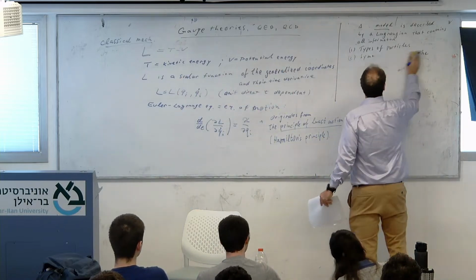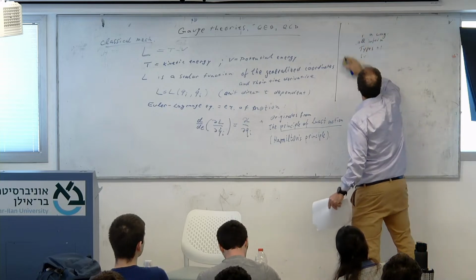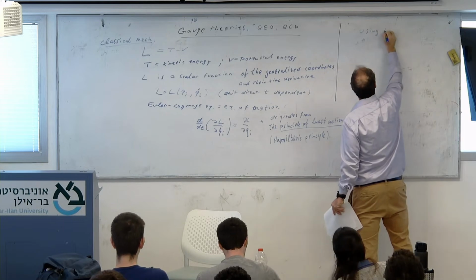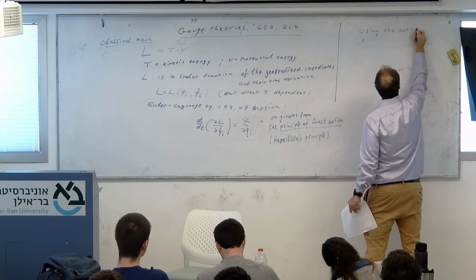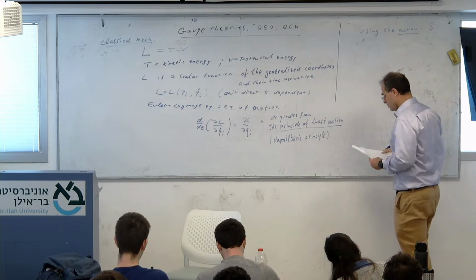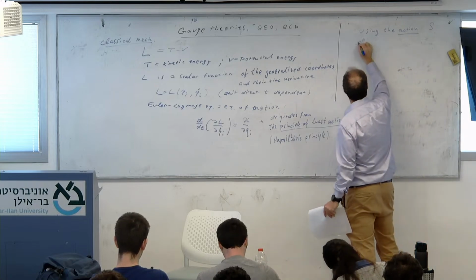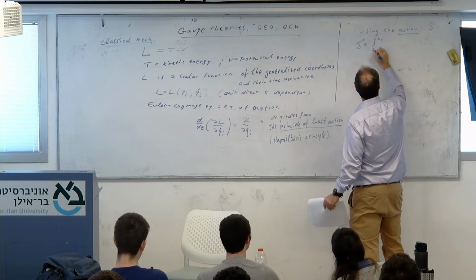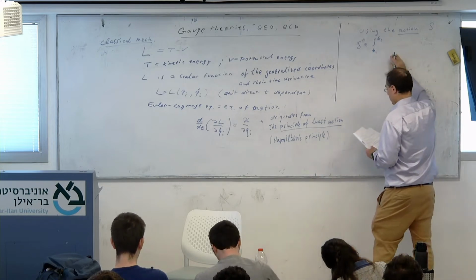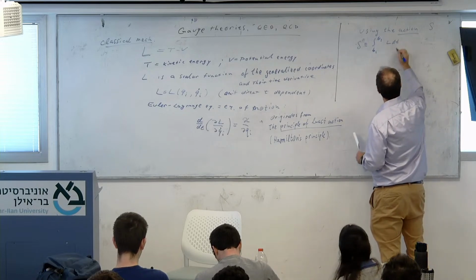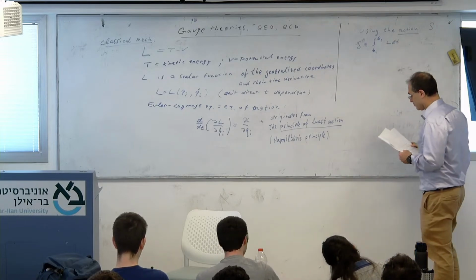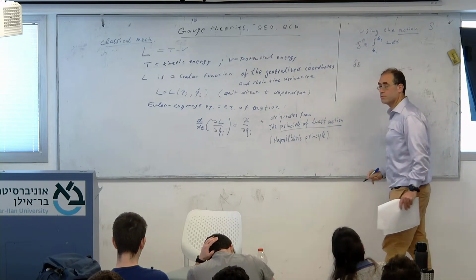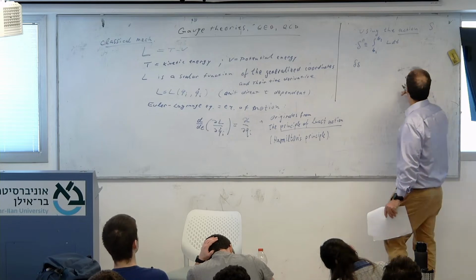Which says that using the action S, which is defined as the integral from T1 to T2 of L dt, the change in S, delta S, needs to be 0.